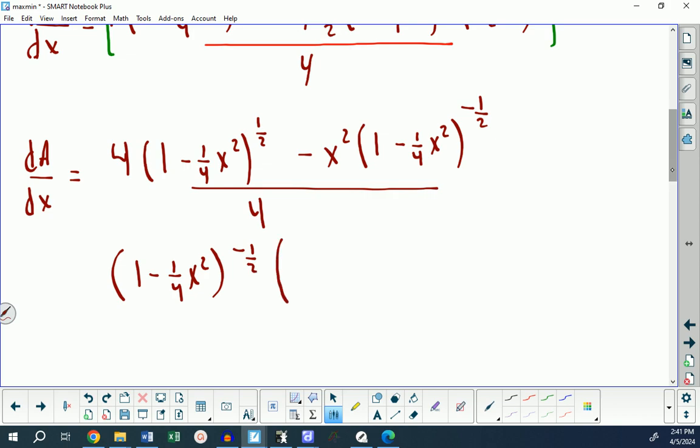I always take out the negative exponent. I'm left with 4 times 1 minus 1/4 x squared to the 1, because these two exponents here have to add to give the exponent I started off with.